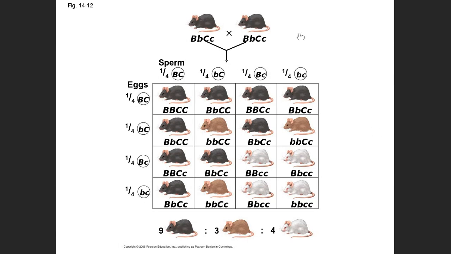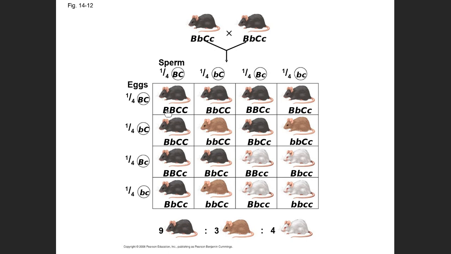So if you have two little b's, you produce less melanin, so it's a brown color instead of the dark brown black color.